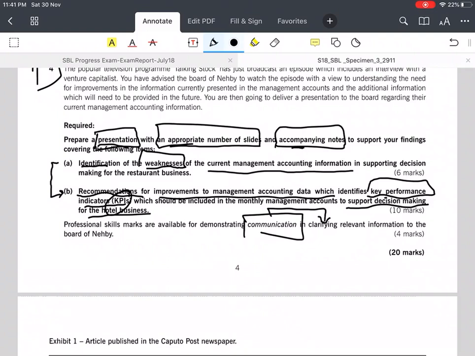And if you are able to do that, you will get maximum marks, even if you do not name any particular model, even if you do not use any particular business model, and you totally apply everything from your own knowledge, from your own expertise. So do not focus on rote learning things, just focus on applying your knowledge to solve a business problem, and that's the spirit of this SBL exam.